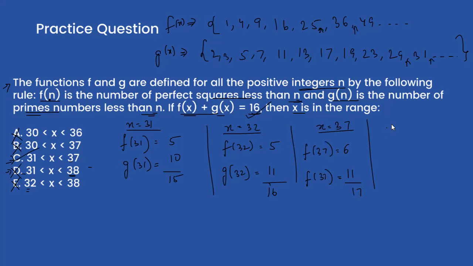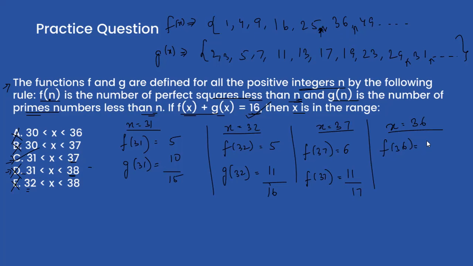You can just see when x is equal to 36. Let's just verify for practice. X is equal to 36, the maximum value in this possible range for x. Now, what will f(36) be? 36 will not be included, because they are saying perfect squares which are less than 36. So your part will be till 25.